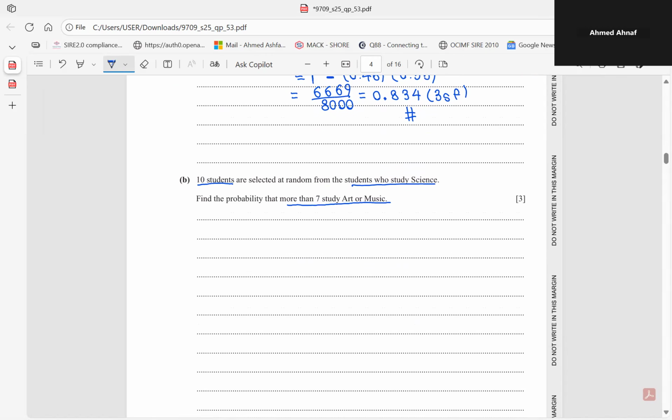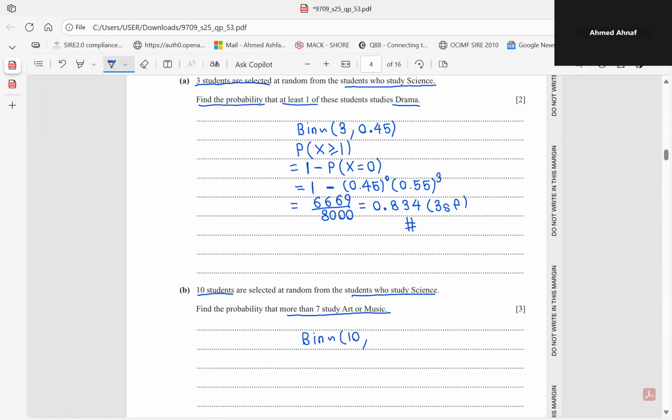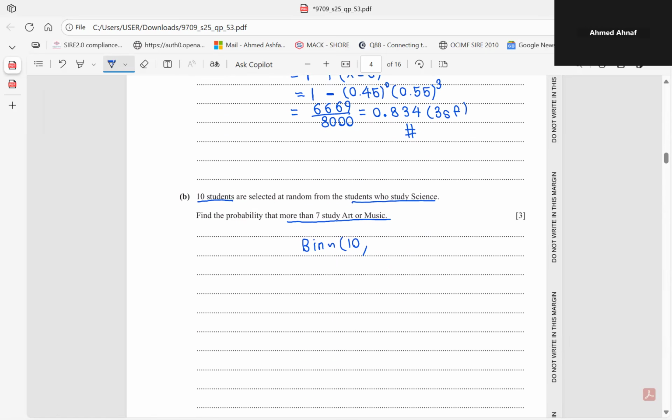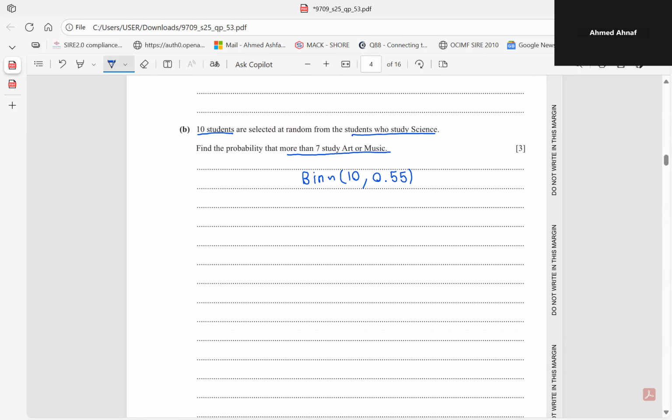And again, if it isn't obvious by now, this follows a binomial distribution where the sample size is 10 because we chose 10 students. And the probability of success is 20% plus 35%, 55%. So 0.55. Here we want to know the probability of X being more than 7.